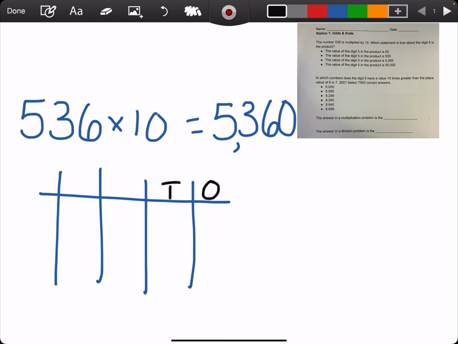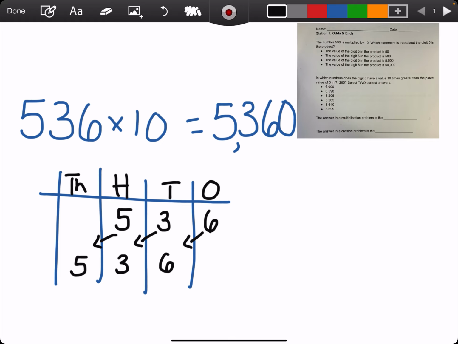Ones, tens, hundreds, thousands. I'm going to plug in the 536, 5 in the hundreds, 3 in the tens, 6 in the ones. When we multiply by 10, we know that we're just shifting each digit one place value to the left. So the 5 is going to go in the thousands, the 3 in the hundreds, 6 in the tens, and now what's in the ones? Nothing.